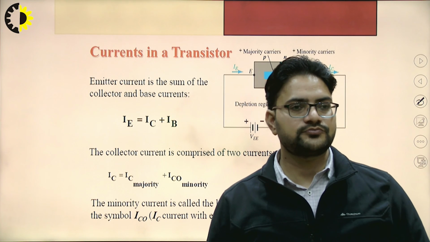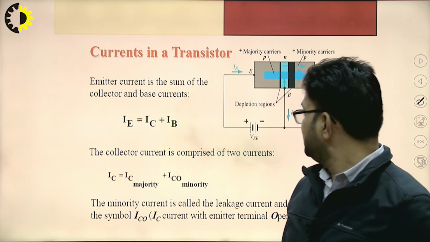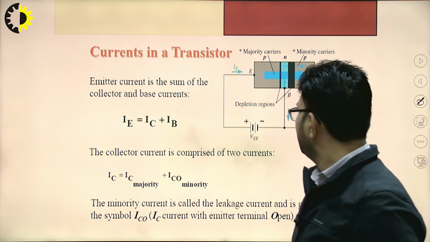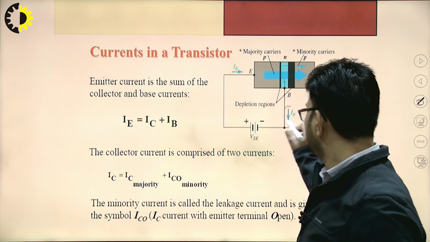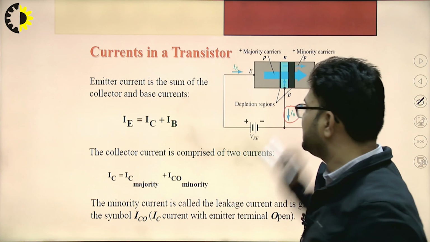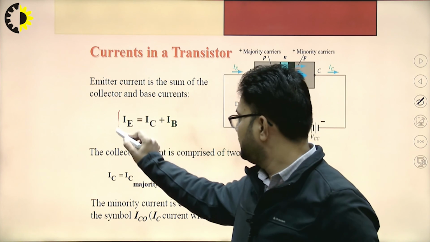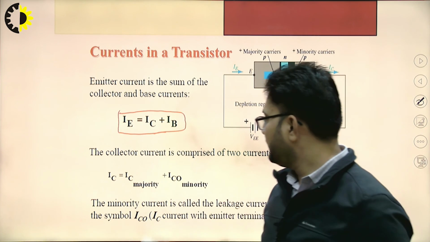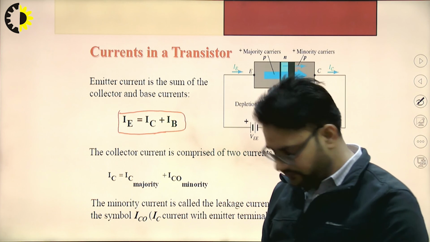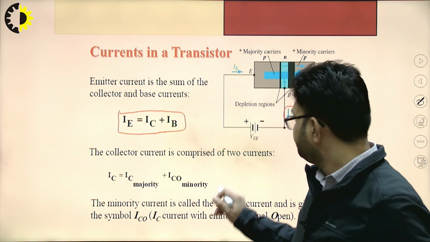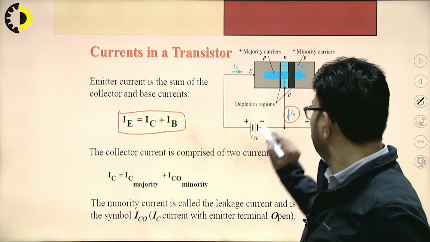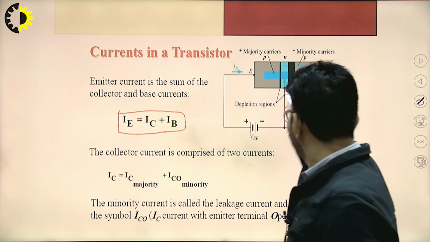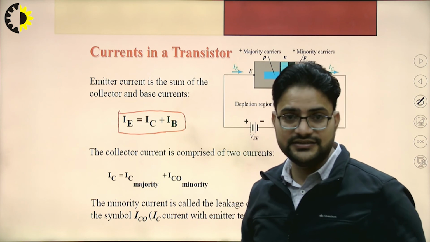If I talk about the current equations, IE is equal to IB plus IC. This is the standard equation for the emitter current. Next is IC, the collector current.